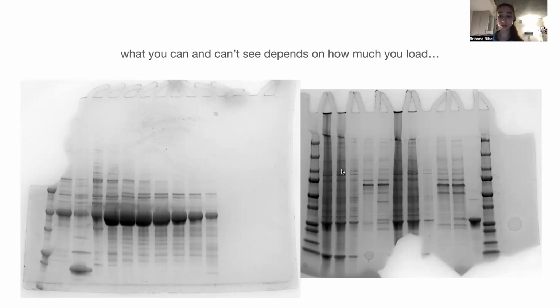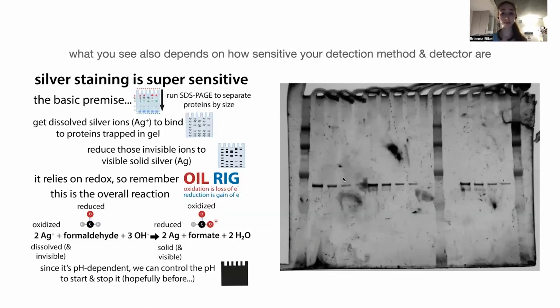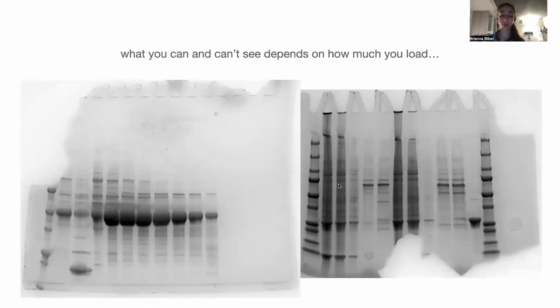Also, if you overload your lanes, so if you load too much, you just see a smear and you can't even make out the individual bands. So you need to be optimizing how much you add. Remember that if you're working with a purified protein, then the total amount of protein that you want to add is going to be lower than the amount you would add if it was not a purified protein, because often it's telling you how much to add based on the total protein amount, but that's spread over all the different bands.